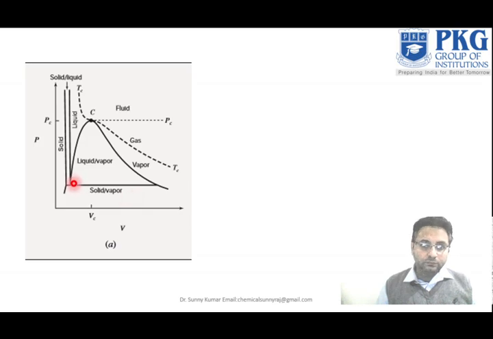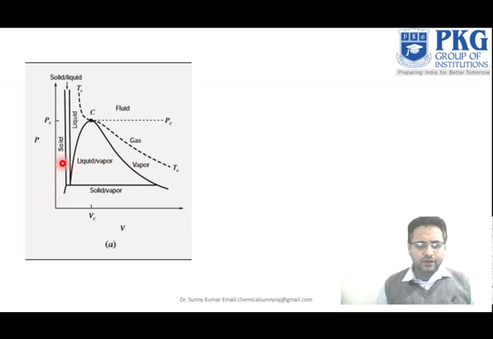Now after the solid, the liquid. In the case of liquids, the volume can change slightly. So this is your liquid line, the second one. And now this is your third line, which is liquid versus vapor.